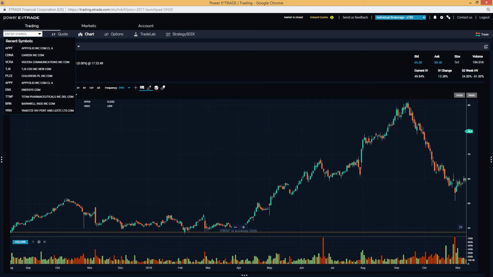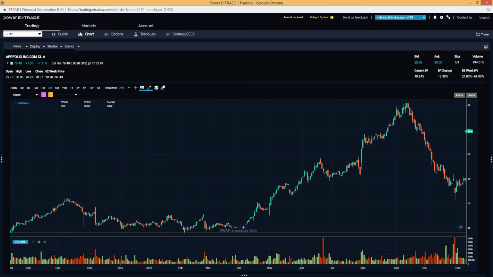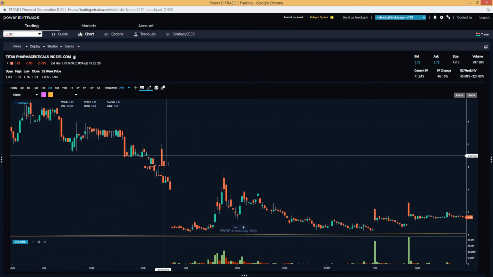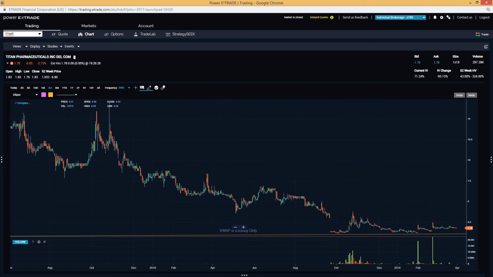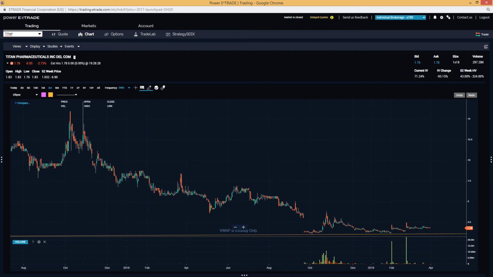If we go to TTNP, which is in the blog post itself, we already have the line drawn here. As you can see, we hit the line once right there, hit the line twice, 3 times, 4 times, and then it shot up to $2.